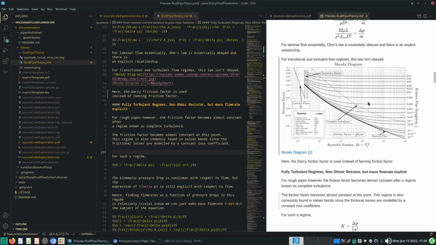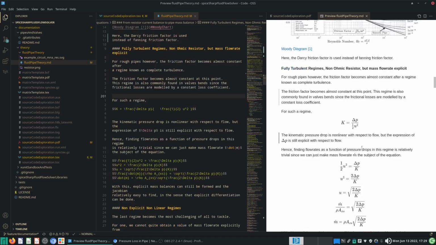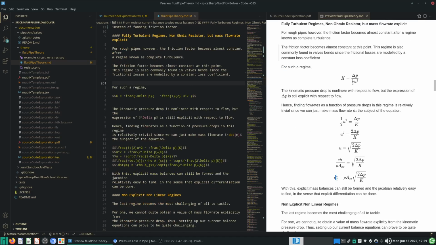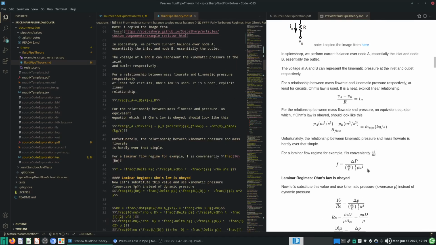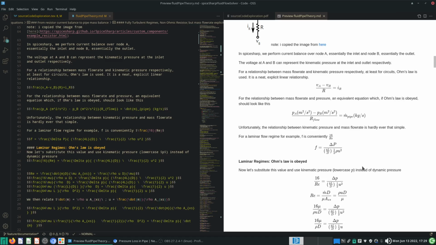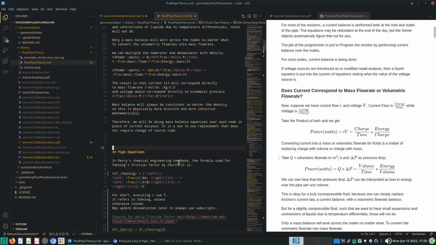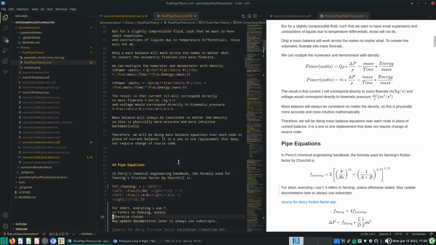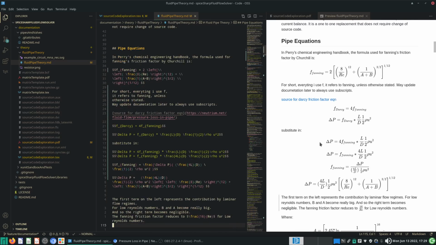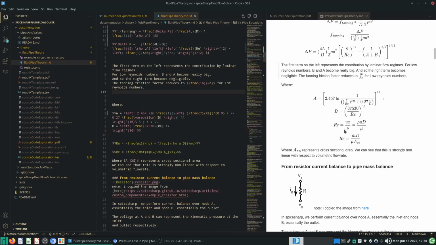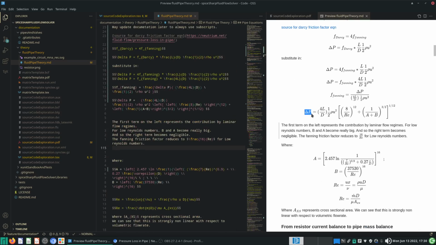It's not easy to differentiate mass flow rate with respect to, let's say, delta P. If you have something like this Churchill correlation here, it is not that easy to differentiate, and not easy to have an explicit expression.